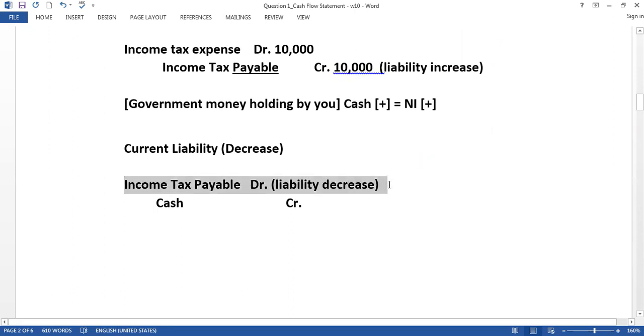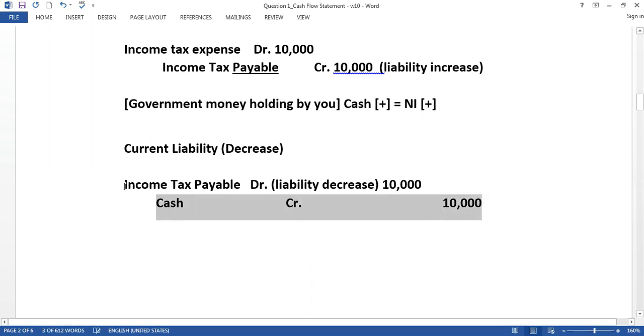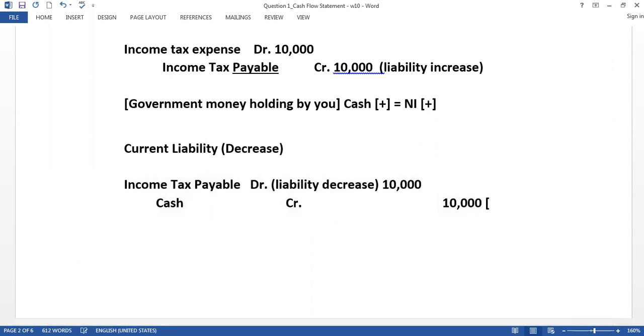This is the journal. Income tax payable debit, for example $10,000, and your cash credit $10,000. So what is the meaning? You pay cash to the government, so your liability decreases and cash is minus.